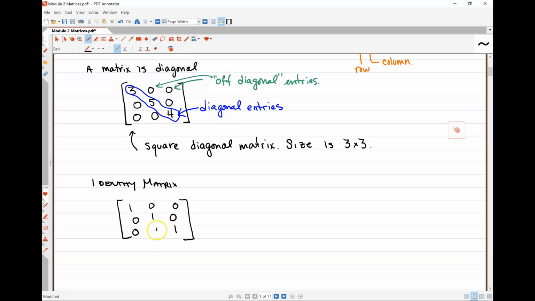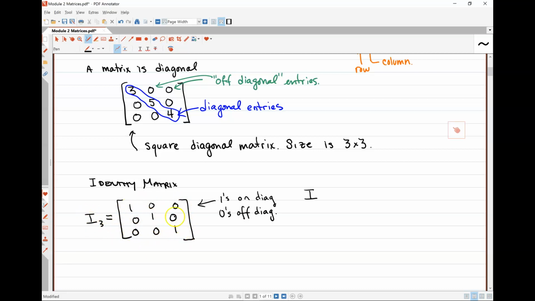Later in this module, you'll see why it's called the identity matrix. I would write I sub 3 for this. So this is I for identity, and the 3 tells you what the size is. It's I 3 because this is a 3 by 3 matrix.